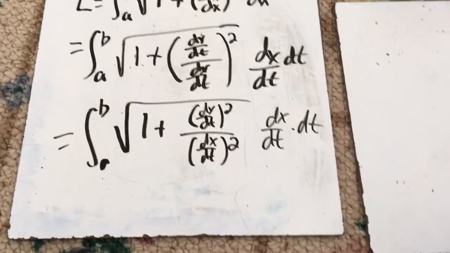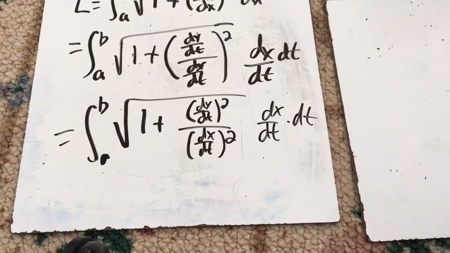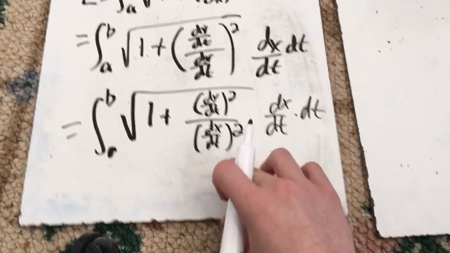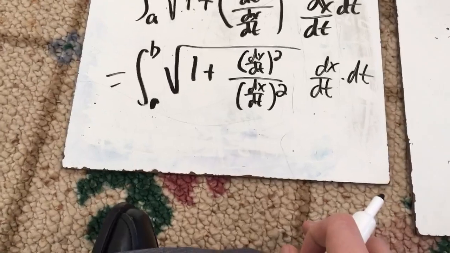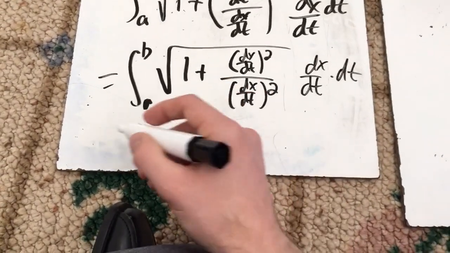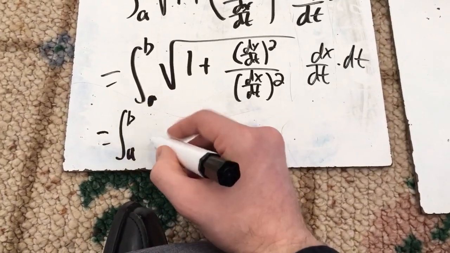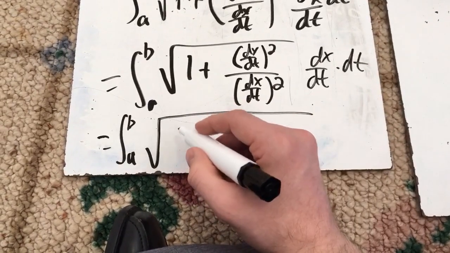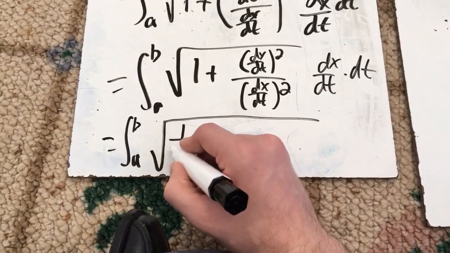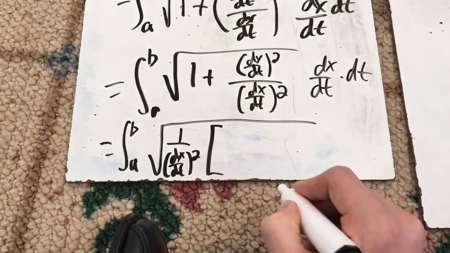All right, cool. Now we can be a little clever here. We have a (dx/dt) squared here, right? If we factor out of the inside, going from a to b of the square root of, both the 1 and this thing, a 1 over (dx/dt) squared.